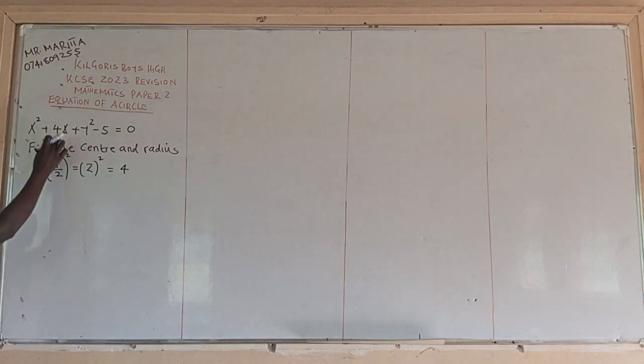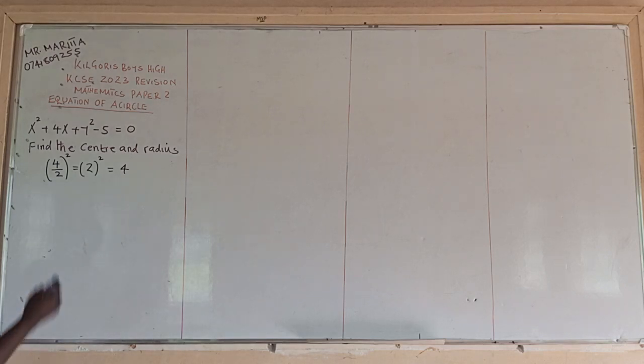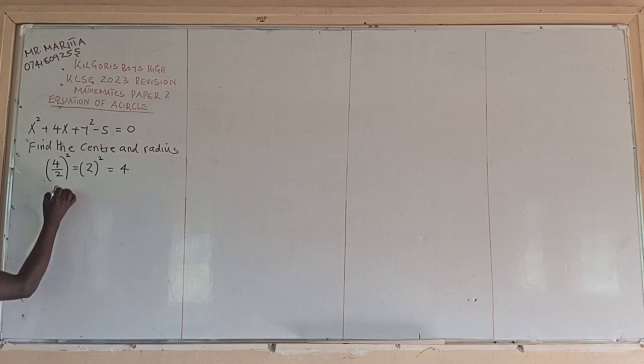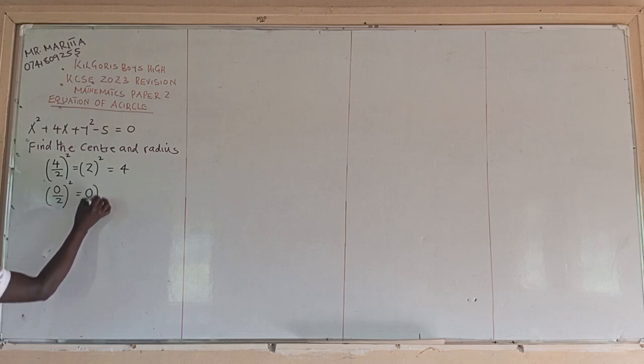Now, we don't have a y term, so the coefficient of y in this case is 0. You divide 0 by 2 and then square, which gives us 0 squared, which is also 0.